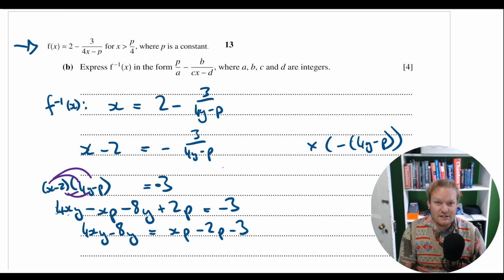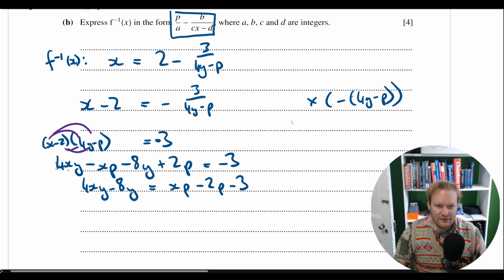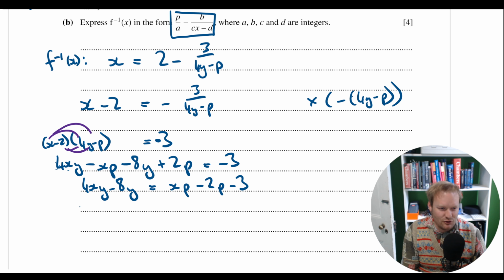Now, my eyes are darting up to see what our final form is already, to see if we can get it in that form sooner rather than later. And that's where we'll maybe come back to see if we're adding in extra steps or could be a little bit cleverer here. This is just step by step at the moment. So we can pull out this y, and we've got 4x minus 8. Oh, that's not right.